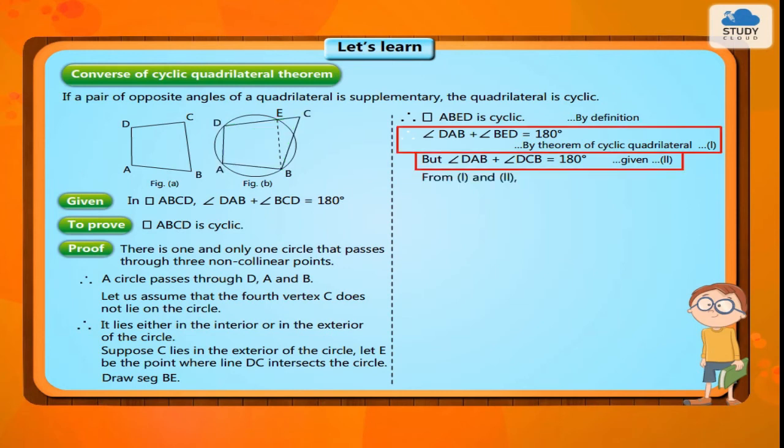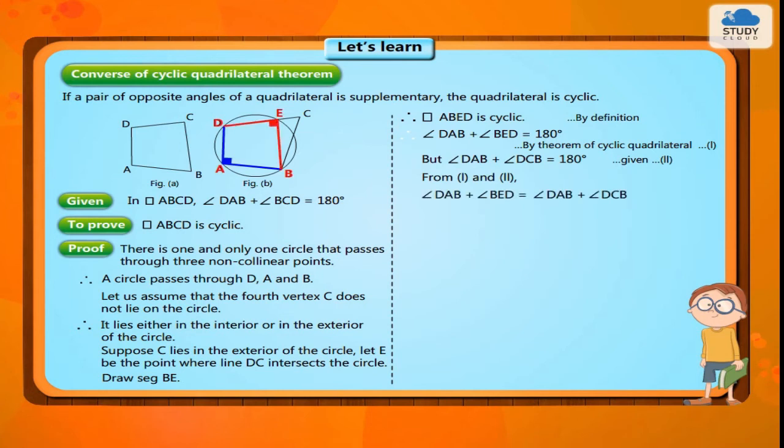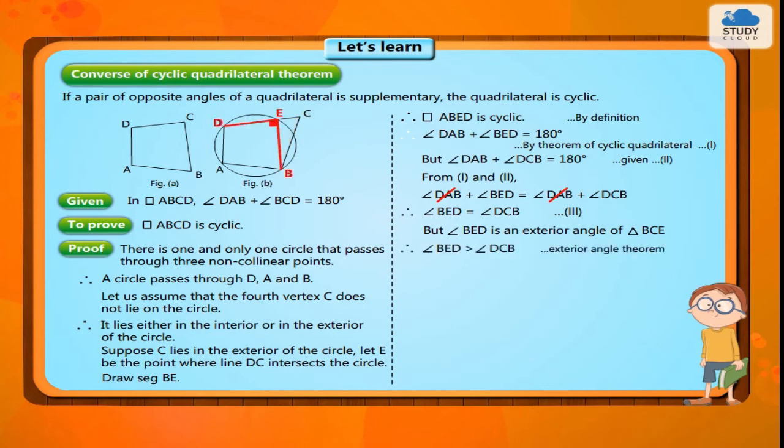From equations 1 and 2, angle DAB plus angle BED is equal to angle DAB plus angle DCB. Therefore, angle BED is equal to angle DCB. Equation 3. But angle BED is an exterior angle of triangle BCE. Therefore, angle BED is greater than angle DCB. This contradicts statement 3.